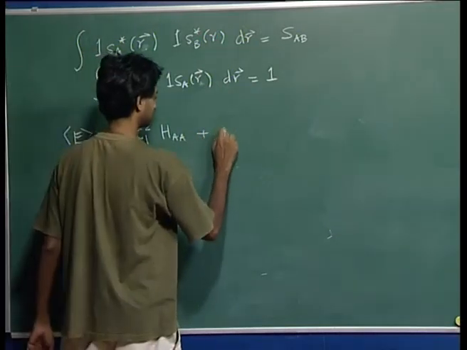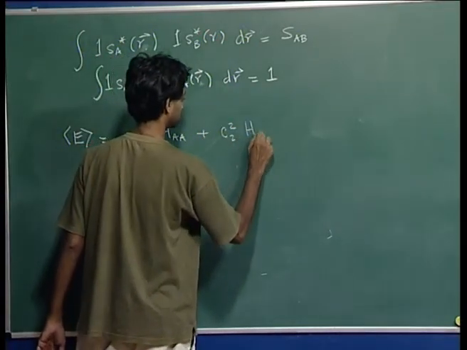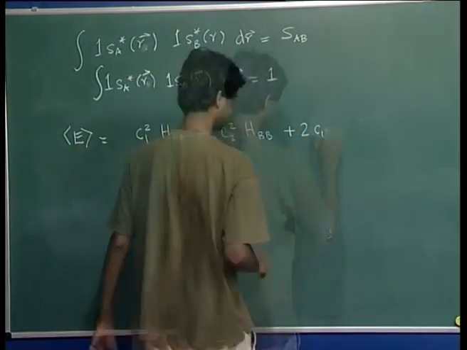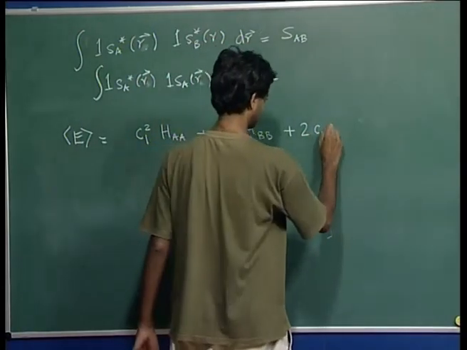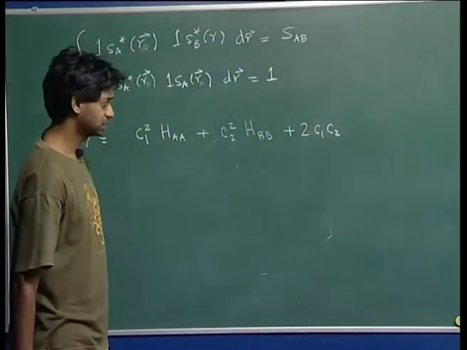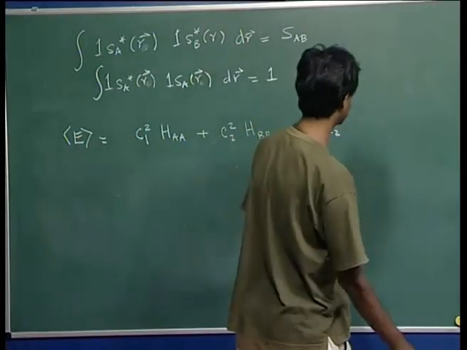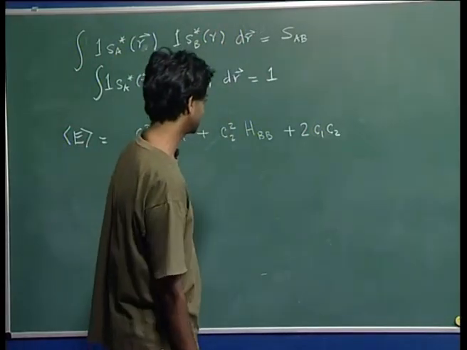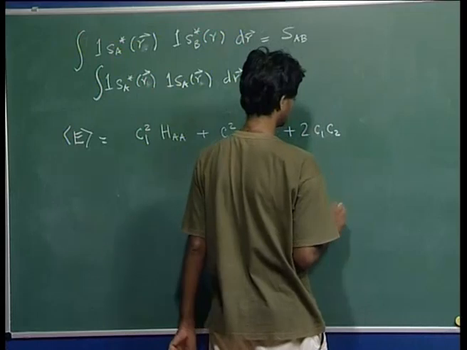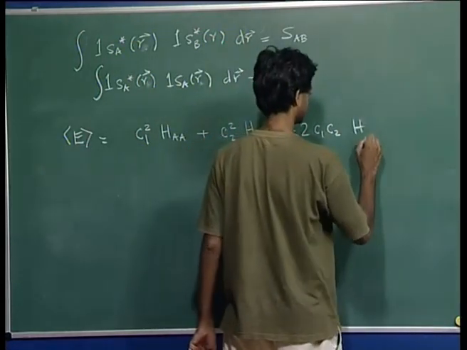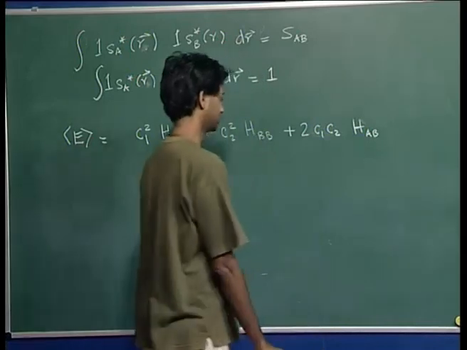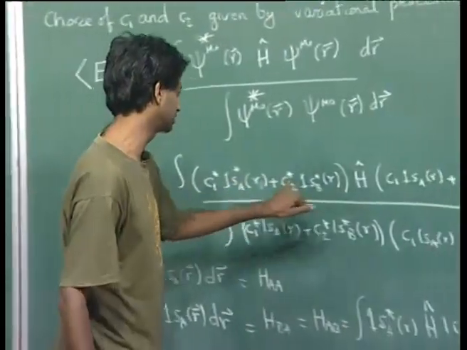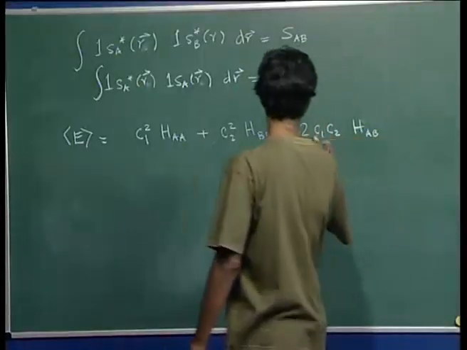The second term will be C2 square HBB, and you will have a term that I'll write as 2 C1 C2 HAB, since C1 star C2 is the same as C2 star C1. For simplicity I have assumed that C1 and C2 are both real.